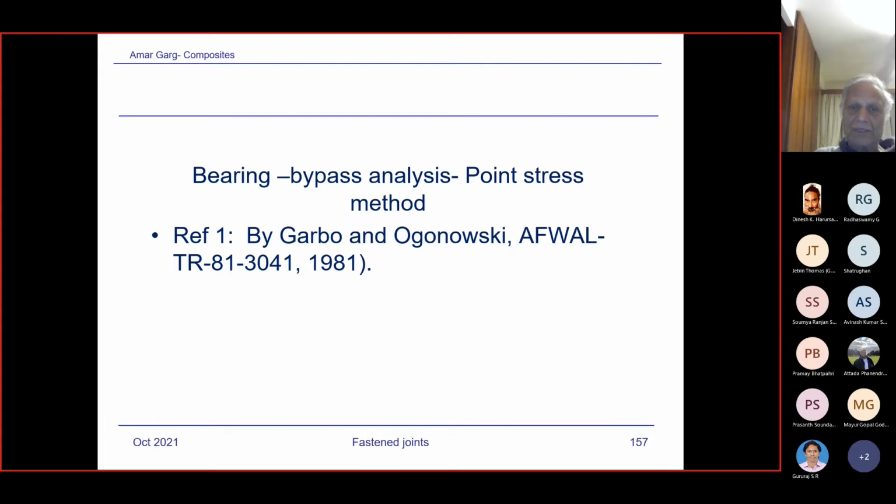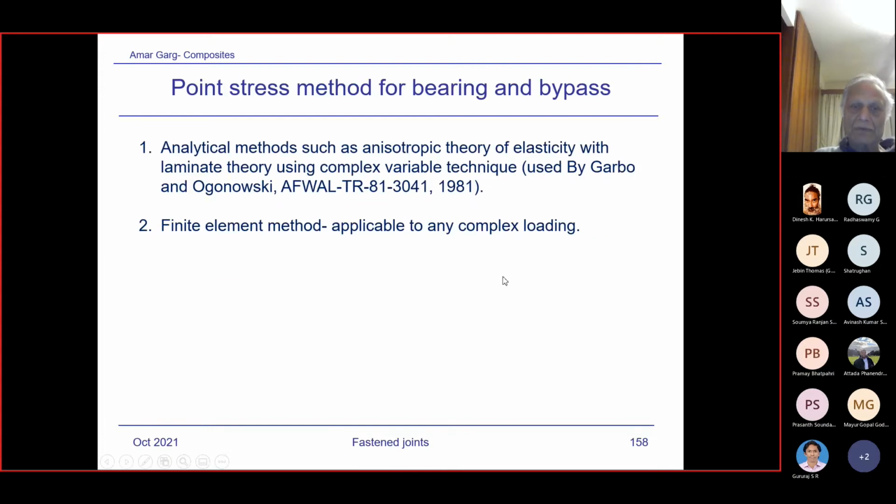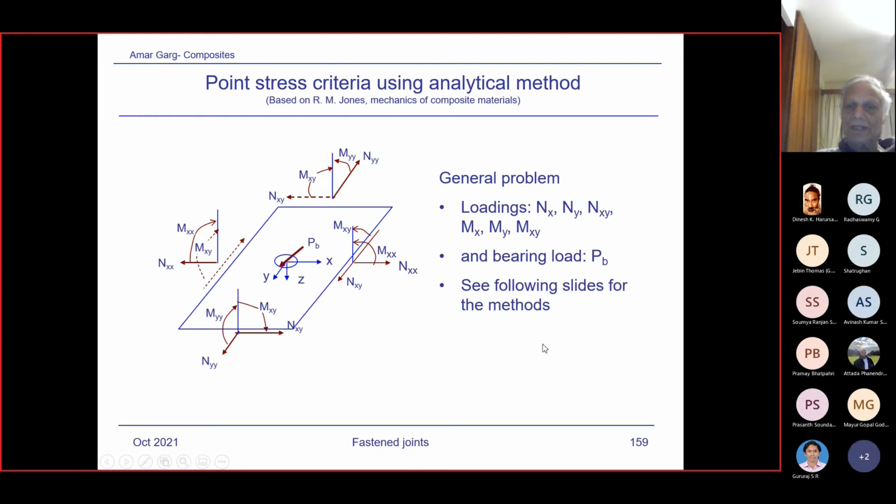Now, Ivanovsky and Garbo developed a theory using a complex variable method, whereby they considered a generalized loading scenario. Suppose this is a generalized loading scenario of a plate with a hole. The load is being applied on it. And so you want to analyze this generalized loaded structure for bearing and bypass.